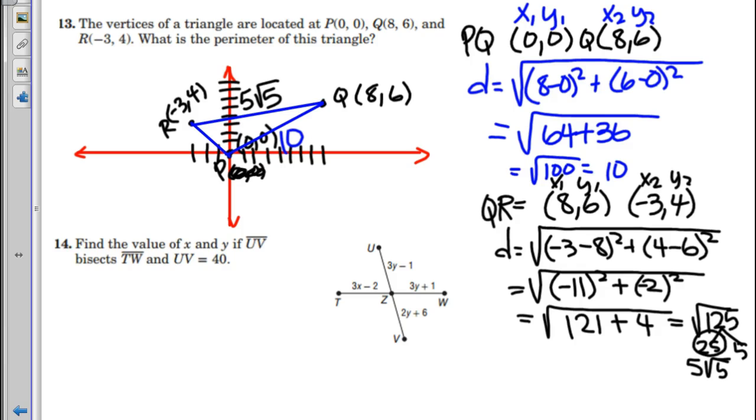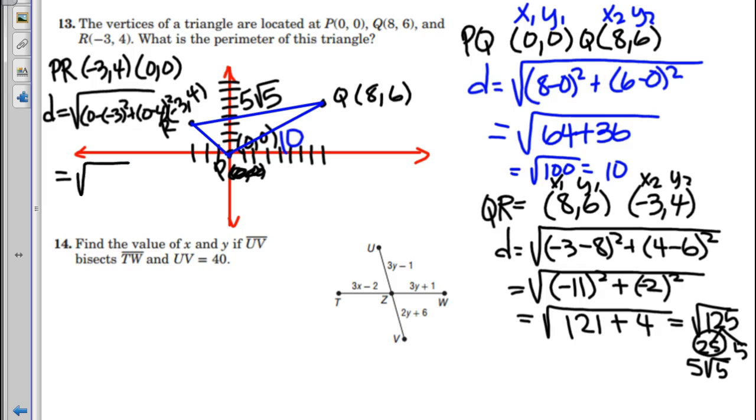All right. Now for P to R. I'm going to do that over here on this side. From P to R, -3, 4, 0, 0. So distance is the square root of 0 minus a -3 squared plus 0 minus 4 squared.